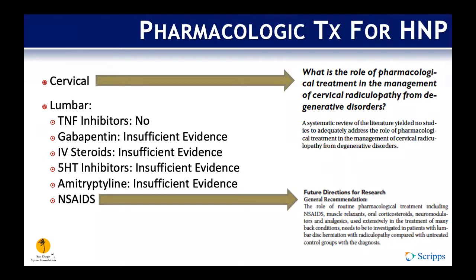And with regards to anti-inflammatories, which seem to be pretty common in terms of treatments for this, they raised the point that this could be a future direction for research, but inconclusive data at this point.